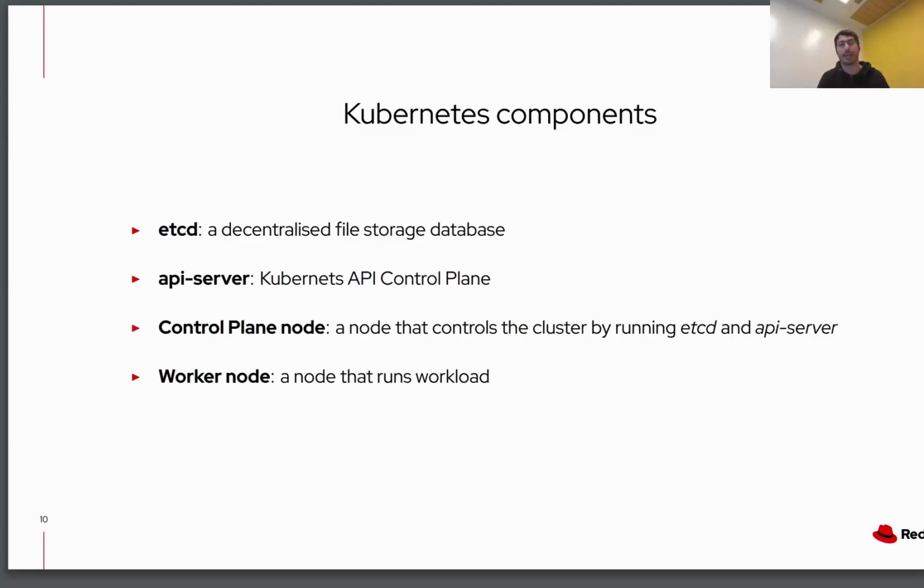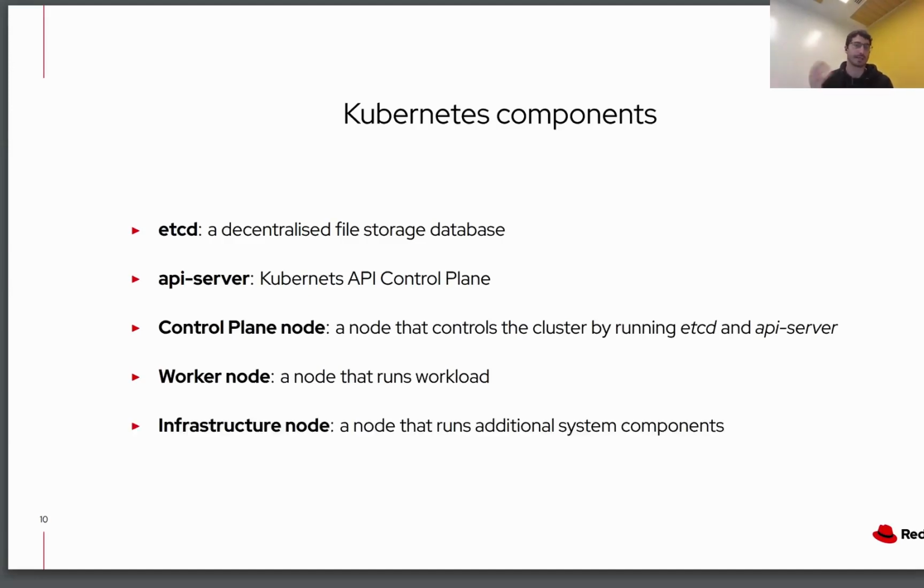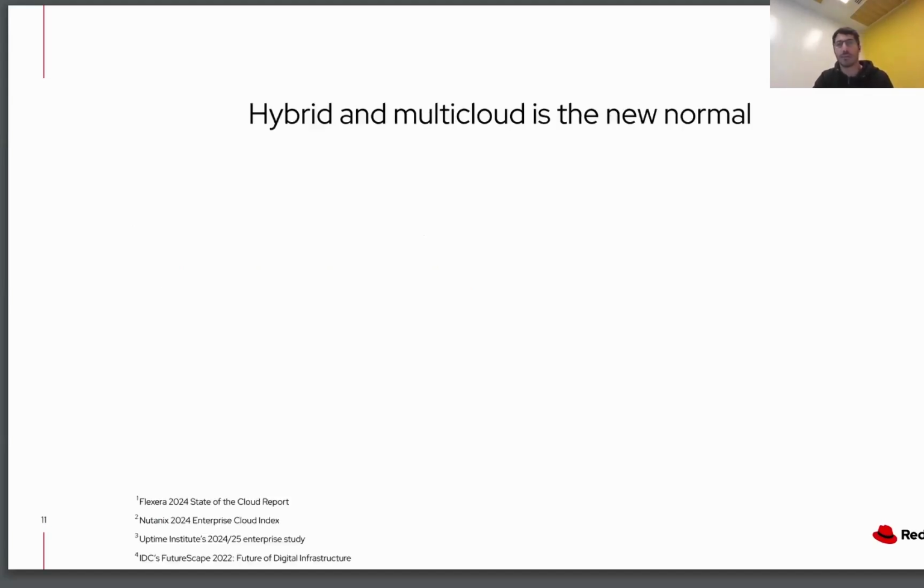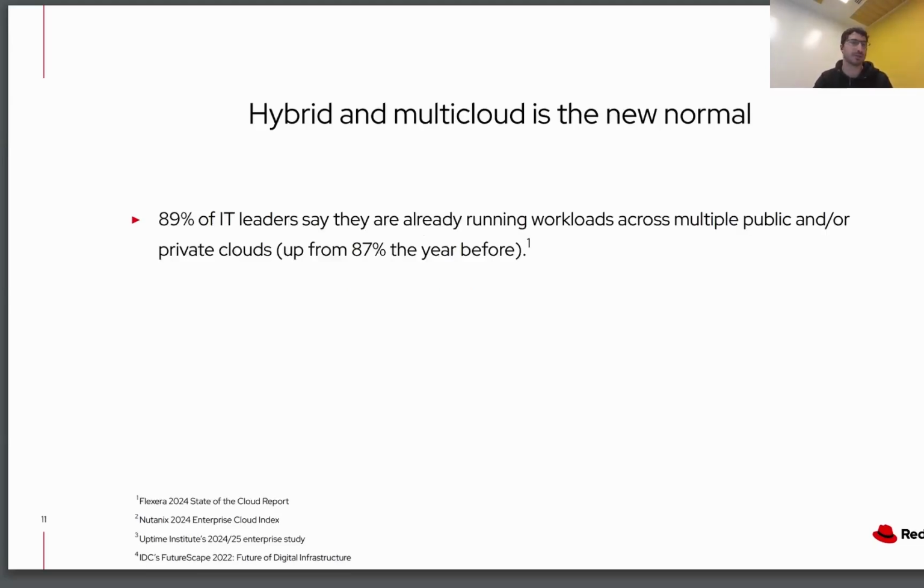A worker node, on the other hand, is any node that executes applications that the user cares about. Infrastructure nodes are then other kinds of nodes that simply provision other services that are required to run your applications, but are not your applications and are not the API server.